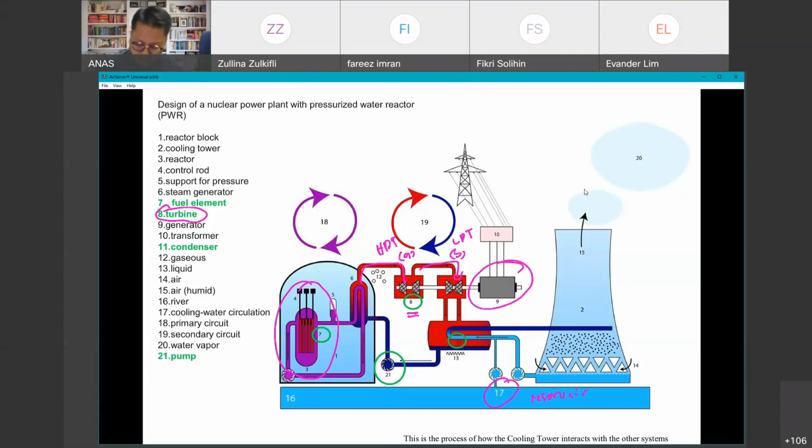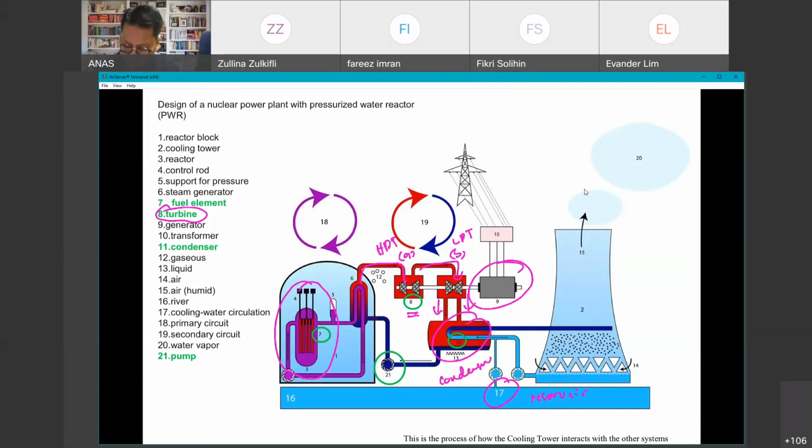And obviously, if you look over here, we have a condenser, because after work is done on the system, the blades, and then it goes out down here, and then it needs to be cooled, because the process needs to be repeated. So to cool the water, because remember, the water that passed through the blades is still at a very high temperature.